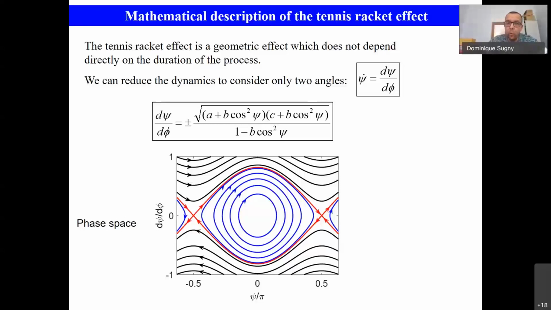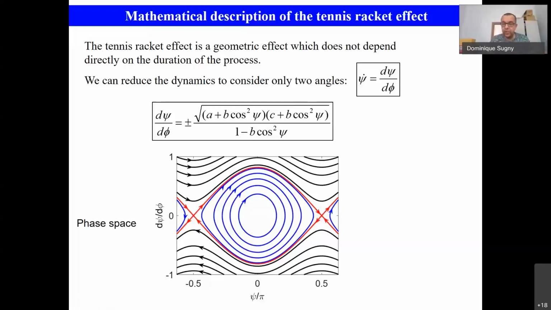And the interest of this change of coordinates is that now I have a new reduced phase space in terms of the momentum as a function of psi, and in this diagram, the angle phi plays the role of time.